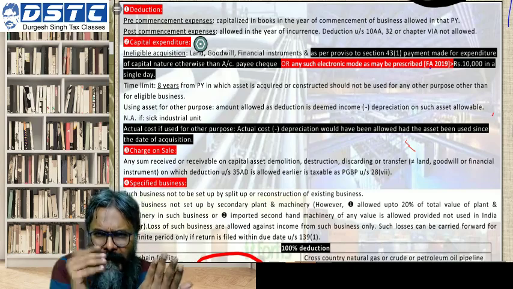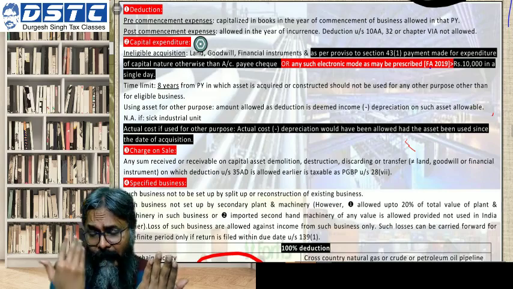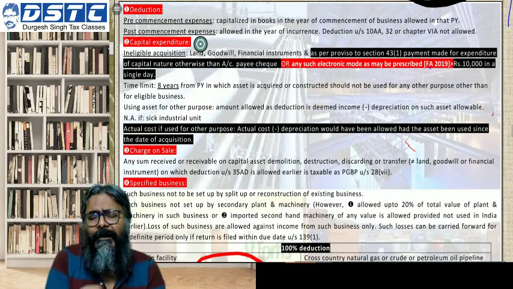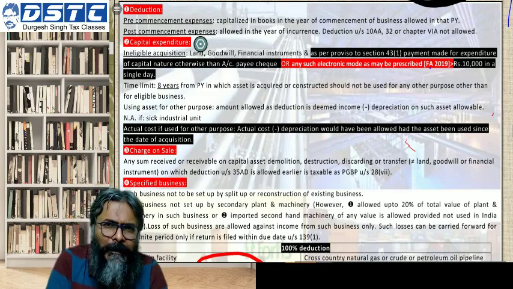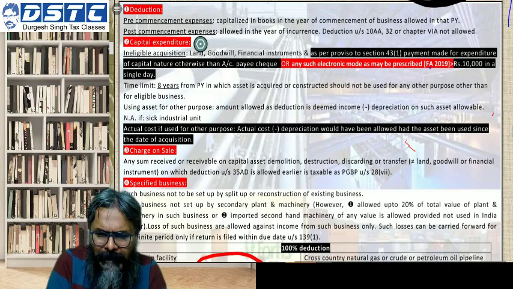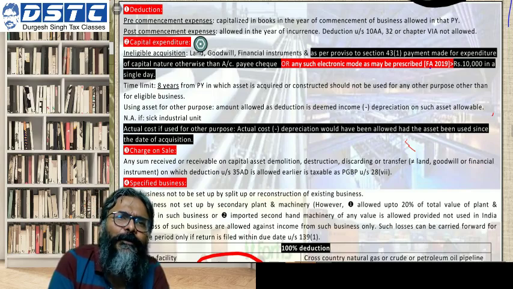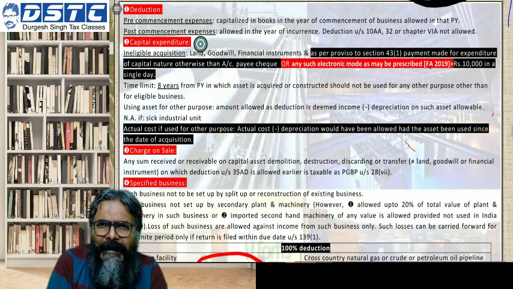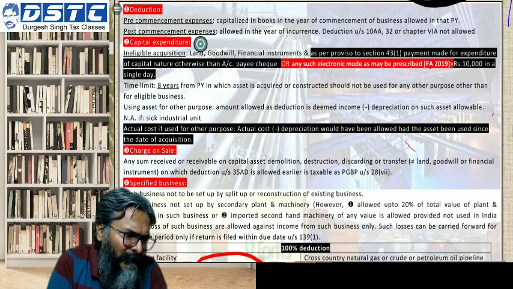Obviously the business has already commenced, and will I be incurring capital expenditure? Why not? You may be purchasing plant or other assets, and whatever expenditure you incur at that time, you will claim a full deduction of it under section 35AD.